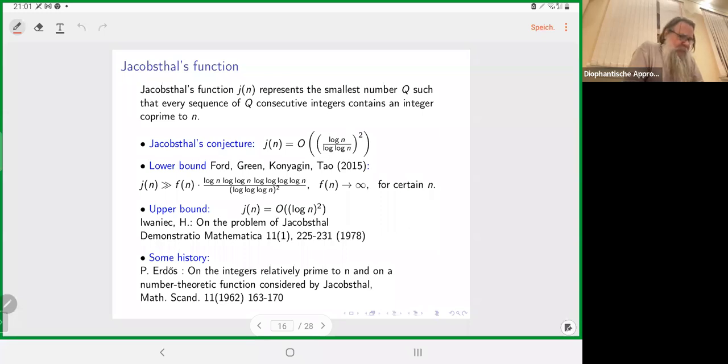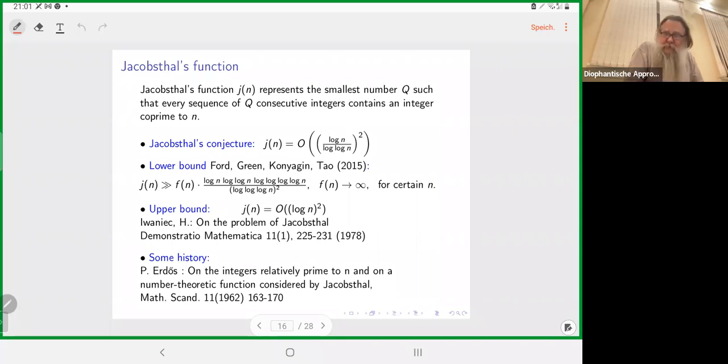Here is the definition, here is the conjecture by Jacobsthal, and here are the best results, which are absolutely non-trivial and really difficult.